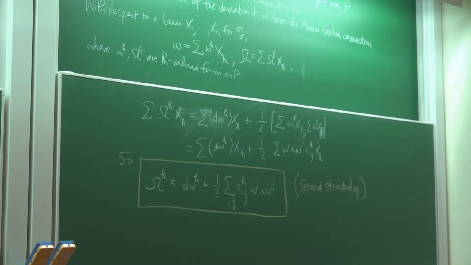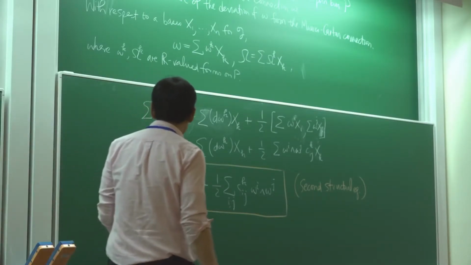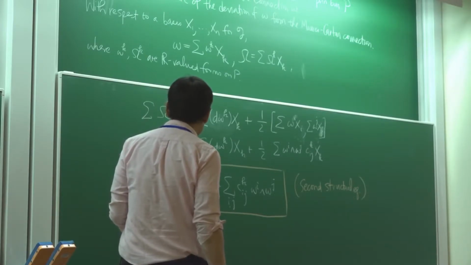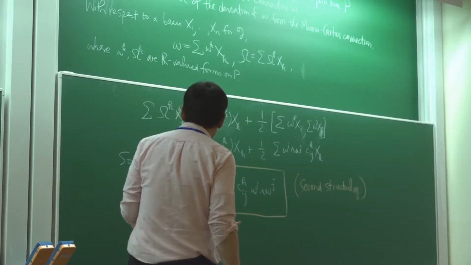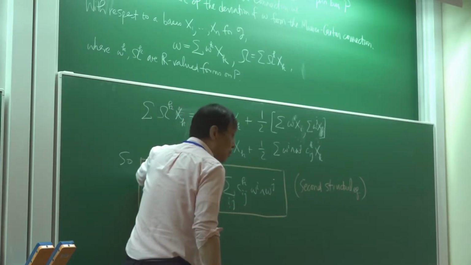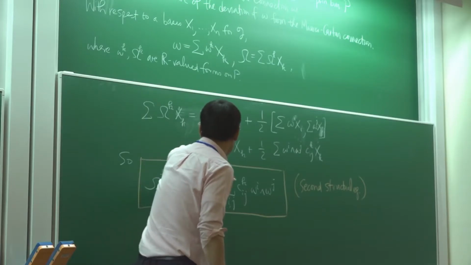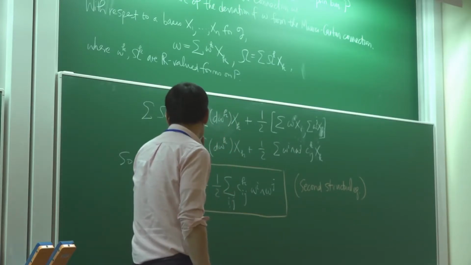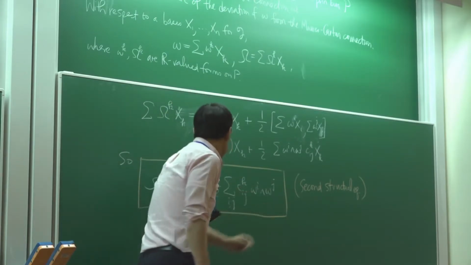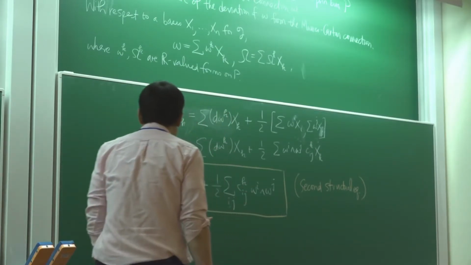Okay, and now, okay, so yeah, so this gives you d little omega in terms of big Omega and little omega, okay?